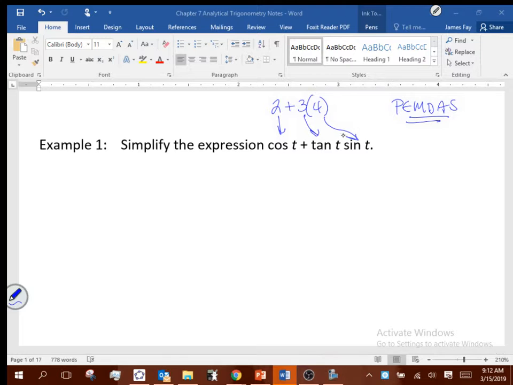So order of operation says we need to do that first, okay? Now, leaving it in this form, multiplying those together first, is going to be tangent t sine t. So that doesn't really change anything, right? The only time that's going to change is when I take that tangent and rewrite it in terms of sine and cosine. So that's something that we're going to have to do.